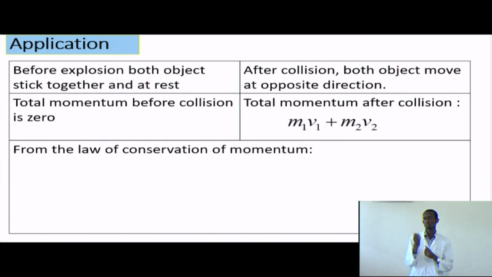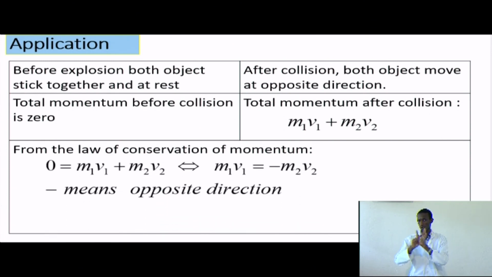So from the law of conservation of linear momentum, what we have is this expression. On this side it is 0 because nothing is moving, right? And then we have M1 V1 equals minus M2 V2.